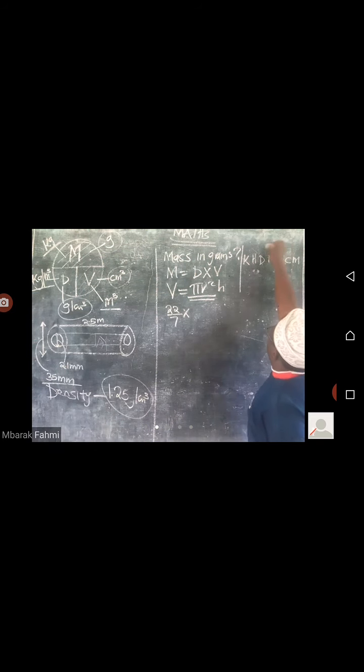Now this one simple way: if you move any step towards this, multiply by 10. If you move any step back, you divide by 10. I'm giving you this so that you can avoid the issue of cramming. You don't need to cram these things.